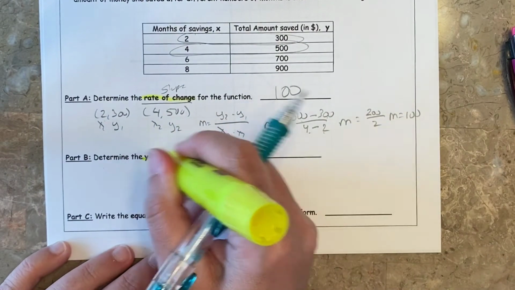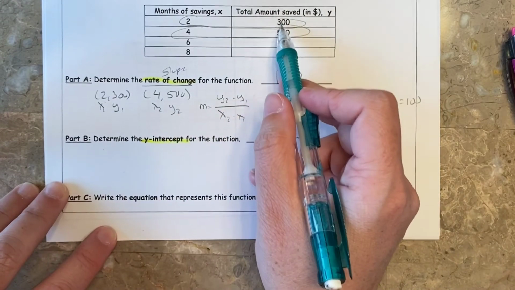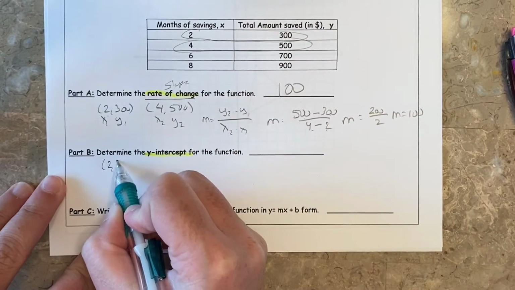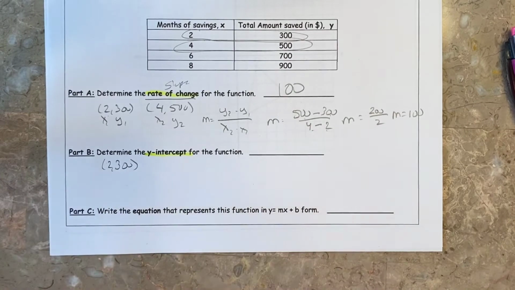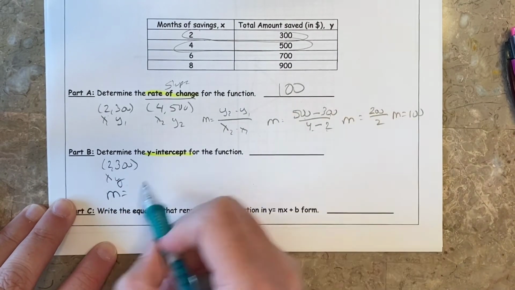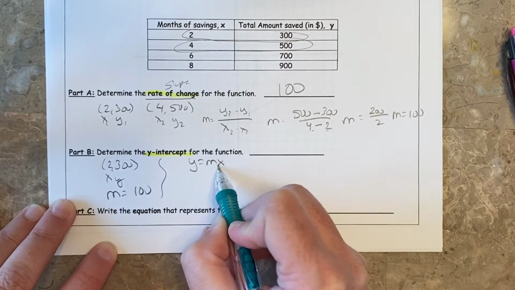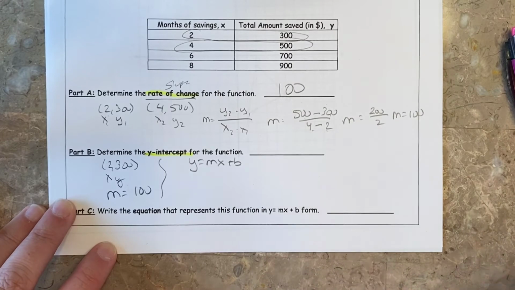Okay, next one, y-intercept. To be consistent, we use the first point, the same work you guys did on the multiple choice part, you know, the day 1 to 7. So we use our first point, and then we use our slope that we just came up with. And the equation we use is y equals mx plus b, okay?